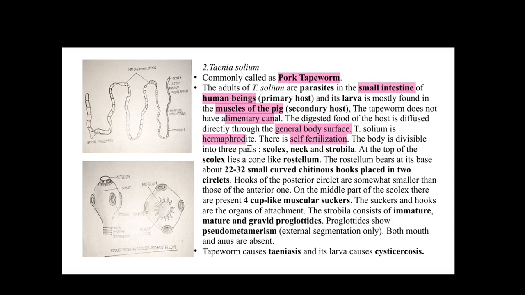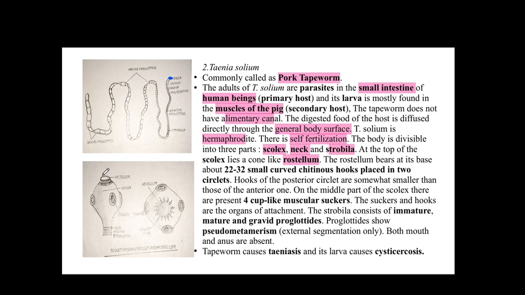Their body can be divided into scolex, neck, and strobila. At the top of the scolex lies a cone-like structure called rostrum. Now in this diagram, the top part is called the scolex, and on the top of the scolex the structure rostrum is present.